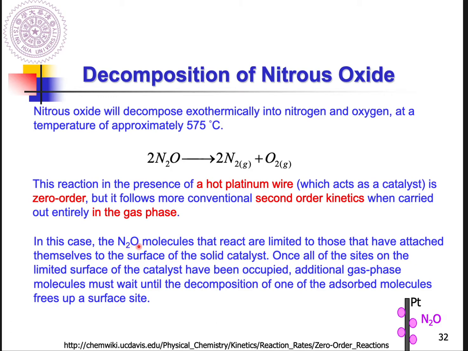So in this case, N2O molecular reactants are limited to those that have attached themselves to the surface of this catalyst. Once all the sites on the limited surface of the catalyst are occupied, additional gas phase nitrous oxide must wait until the decomposition of one adsorbed molecule frees up a surface site.